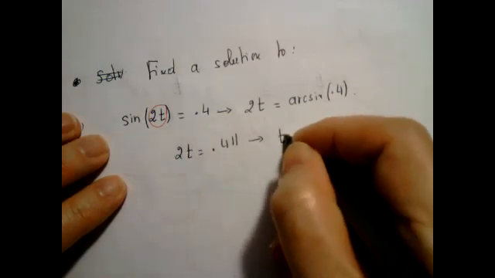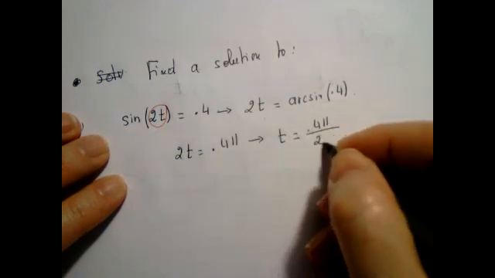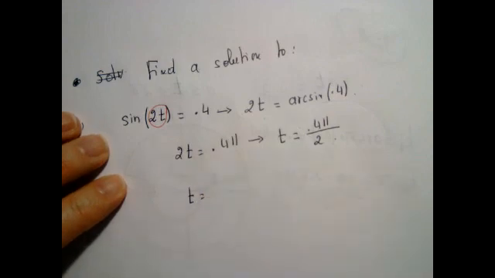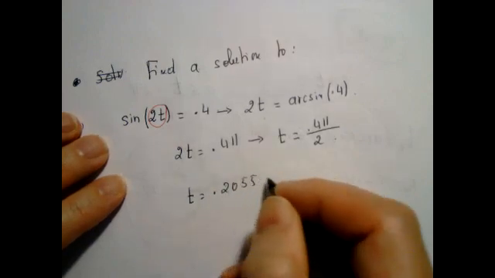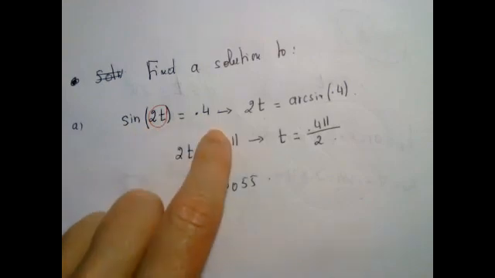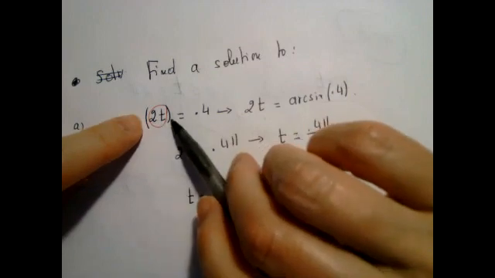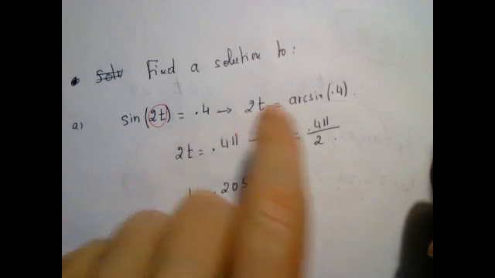It means t equals 0.411 divided by 2, which I can do in my head: 0.2055. Okay, if I have sine 2t equal 0.4, which you will encounter a lot, those represent a periodic function of period pi, in this case you take the 2t equal to that.